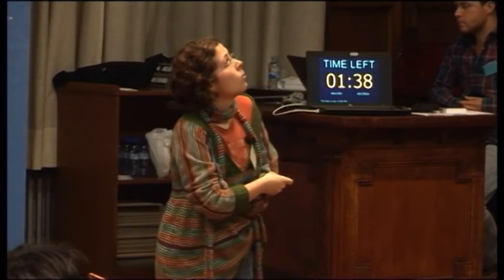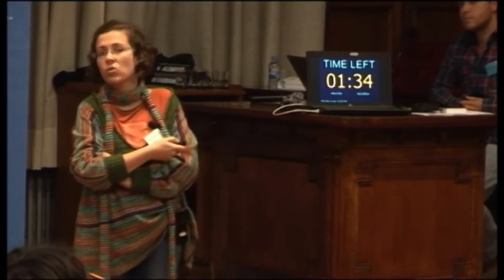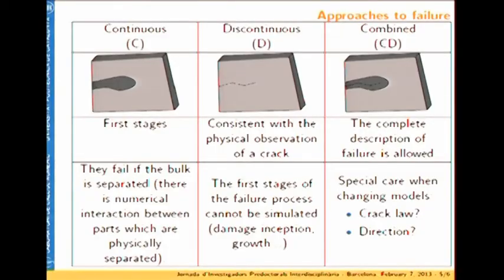So more or less it's what we can see here. By means of continuous strategies, we can model the first stages of the process, but since we are using continuous functions to approximate the quantities, we are not able to deal with parts of the simulation which are physically separated.